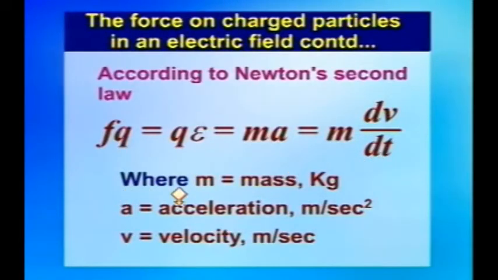Here m is mass, which is expressed in kilograms, a is acceleration in meters per second square, and v is velocity, that is meters per second.